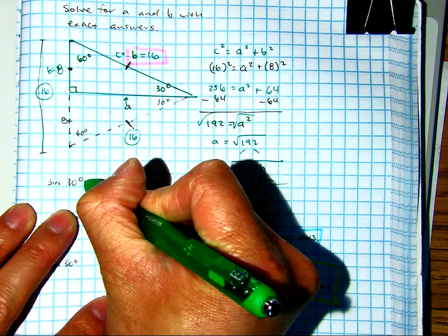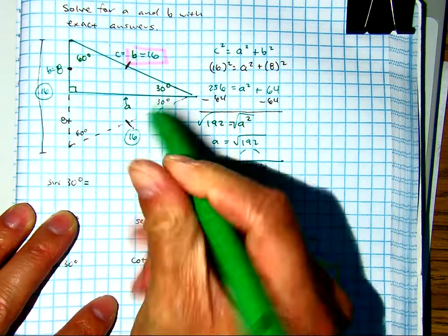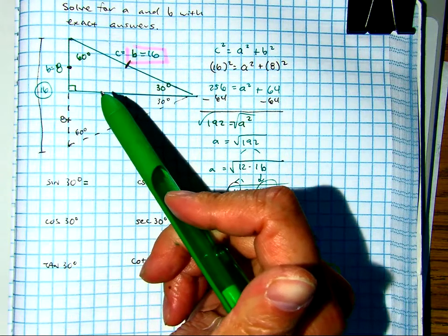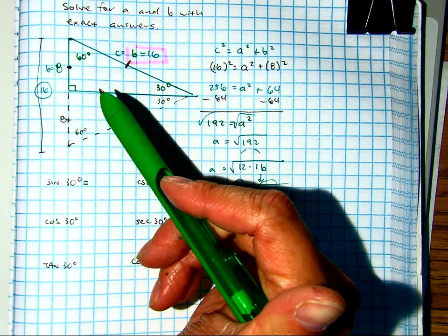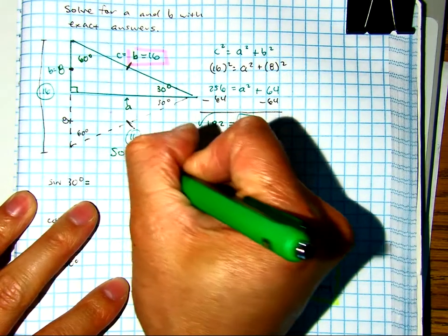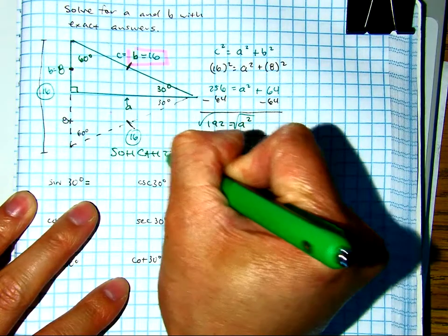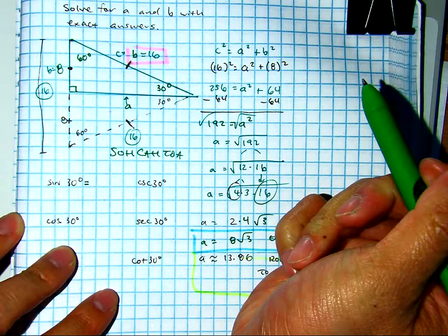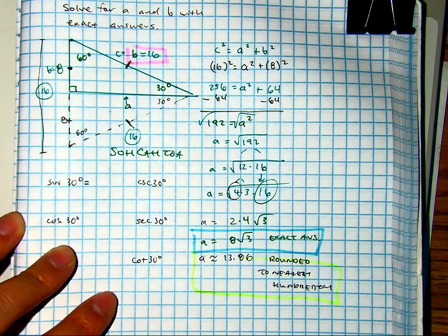Okay, it is y over r, but let's just say we use old school SOHCAHTOA. Opposite over the hypotenuse.